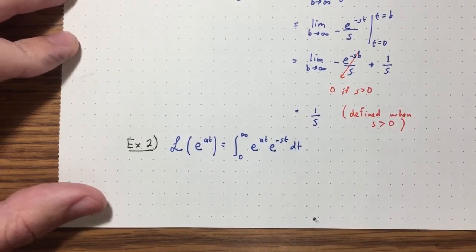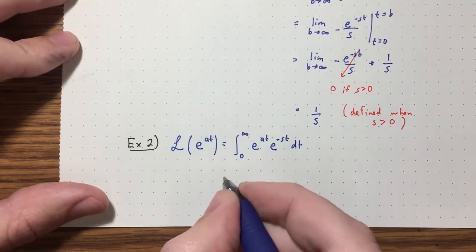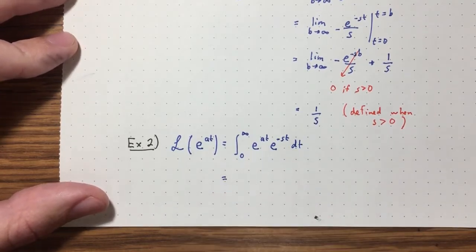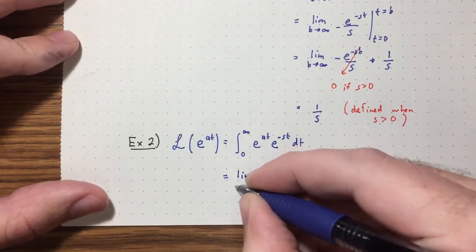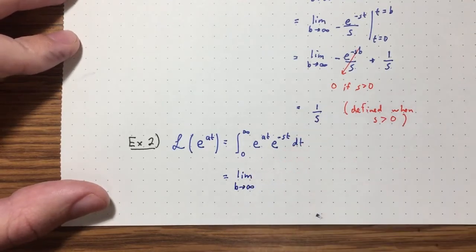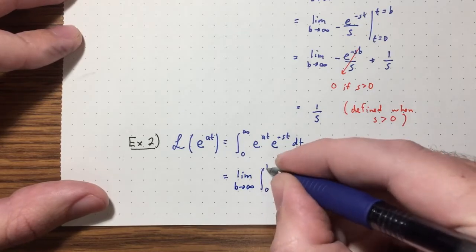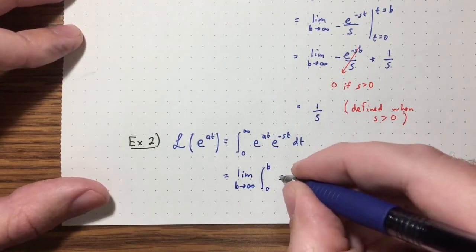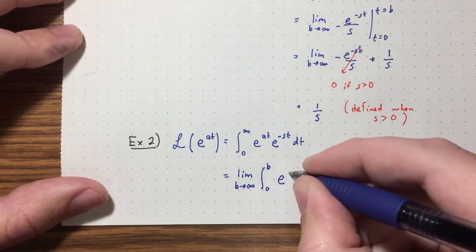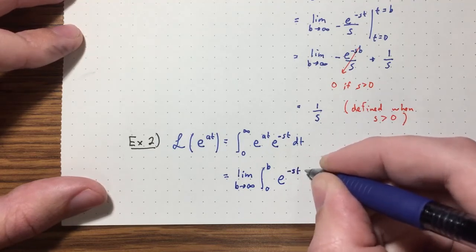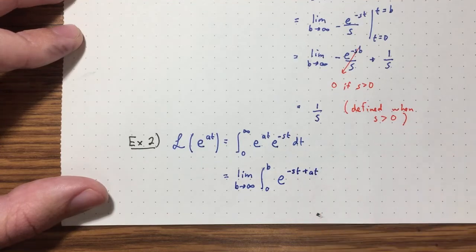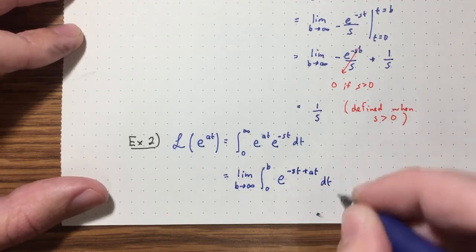Okay, well, what do we get here? First thing I want to do is write this as a limit as b goes to infinity, 0 to b, and let's also simplify this expression a bit. So we have e to the minus st plus at dt.